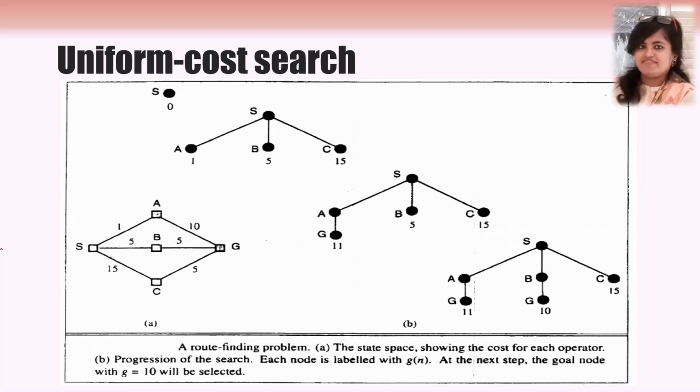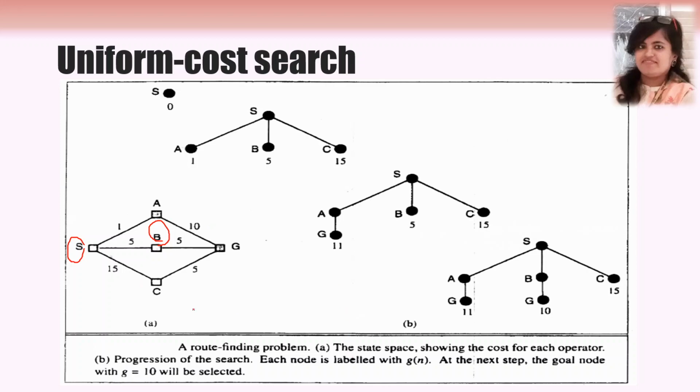The route finding problem is that there are different cities, and the cost of traveling between the cities is given here. So the travel cost from city A to city B is 5. In this way you can design the route finding problem.